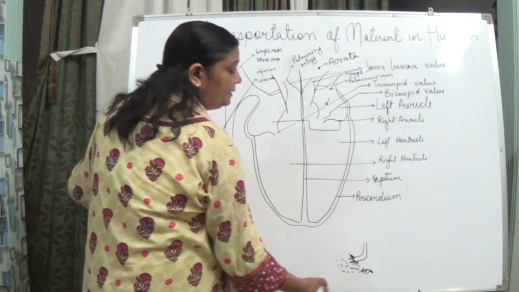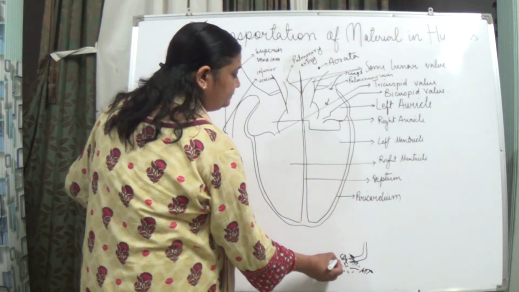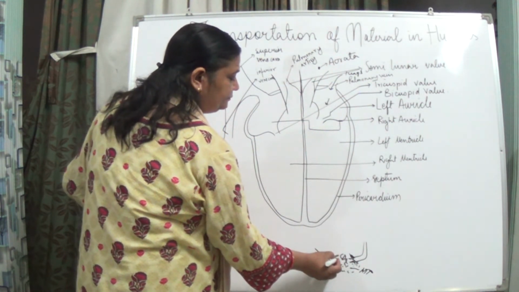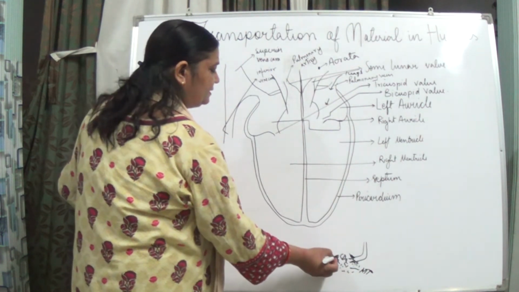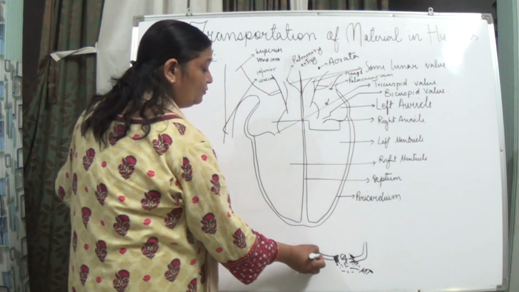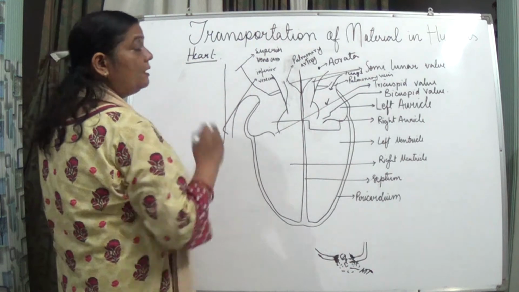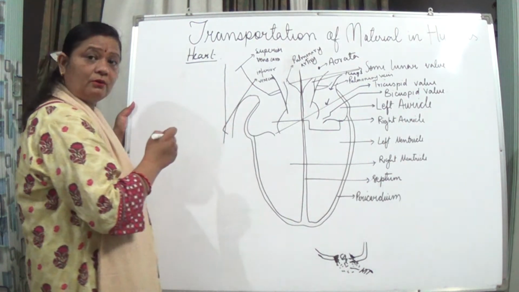ATP and carbon dioxide. This CO2 is again taken up by the blood capillaries. Then it goes to the vein, and then to the main vein, which is the vena cava. So this vena cava is now carrying what?